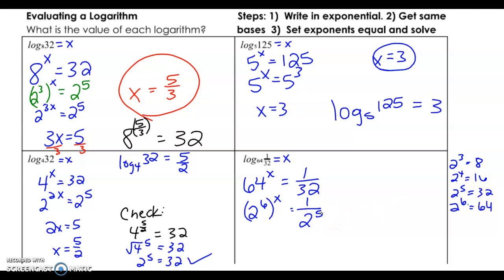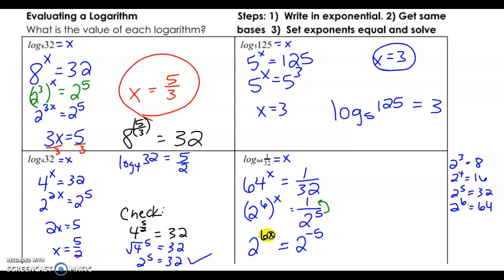All right, so remember, to get that base up to the numerator there, I'm going to have to make my exponent negative. So we'll leave this left side 2 to the 6x. The right side, in order to set these equal, we have to have our bases both be on the numerator. So we can rewrite that 2 to the fifth power that was in the denominator as 2 to the negative fifth by moving it to the numerator.